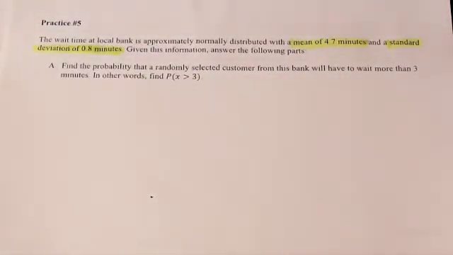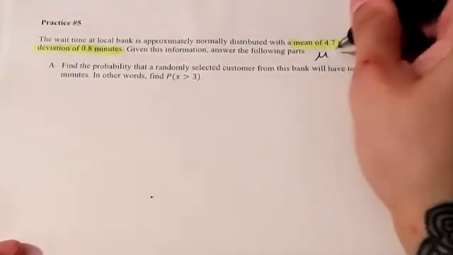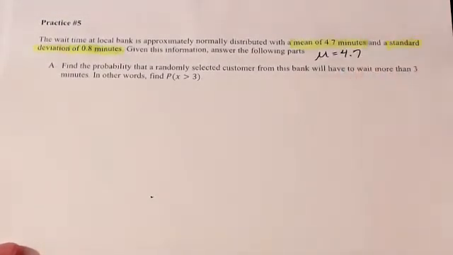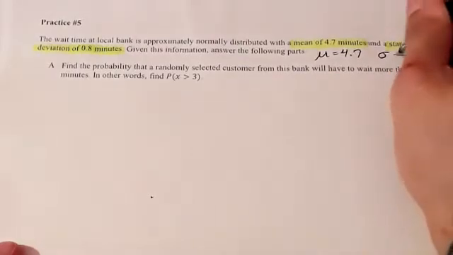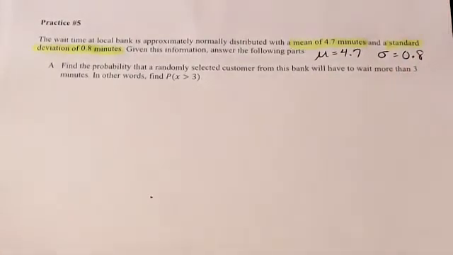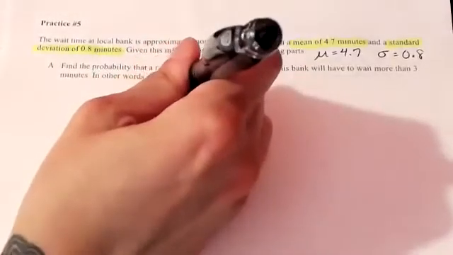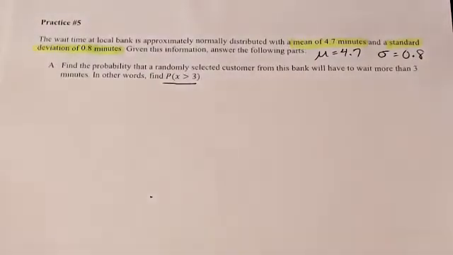If it helps, you could even use notation: mu is equal to 4.7 minutes and sigma is equal to 0.8 minutes. We want to find the probability that a randomly selected customer from this bank will have to wait more than 3 minutes. So it's exactly the same as our previous problem.